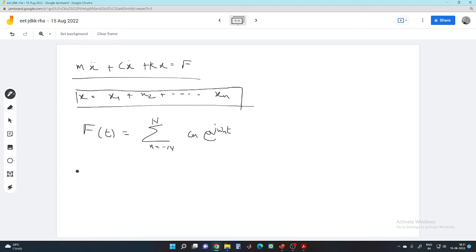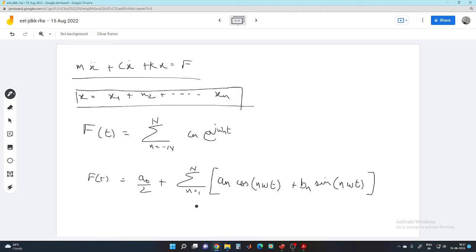But if we write it in real form, it is usually written as f of t equal to a naught by 2 plus summation of n equal to 1 to capital N of an cos of n omega t plus bn sine of n omega t. Now, omega is basically 2 pi by T, where T is the time period of f.